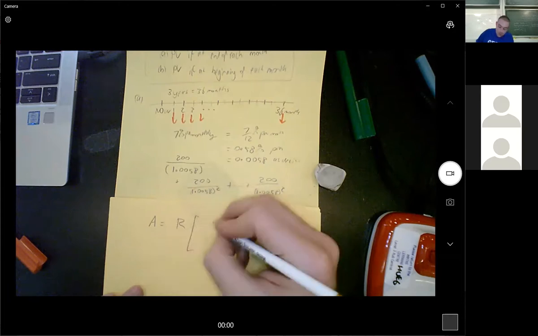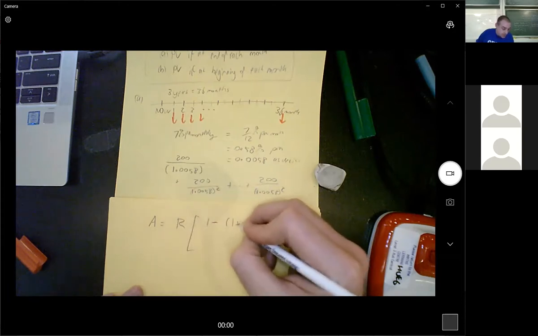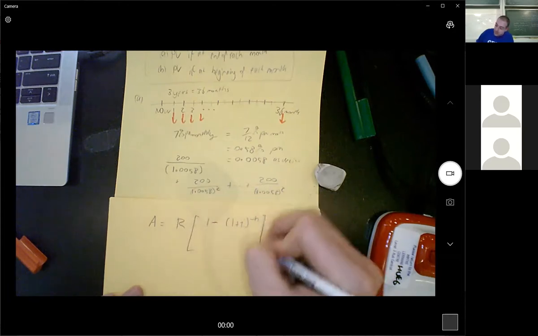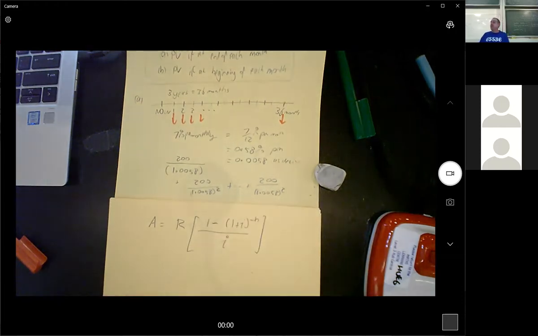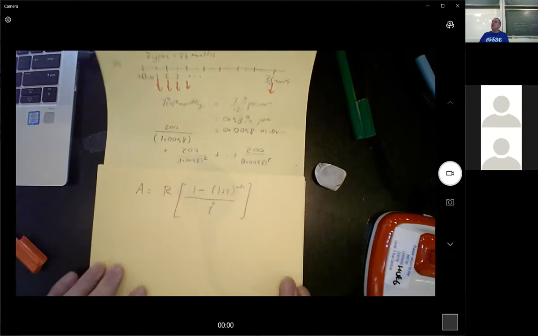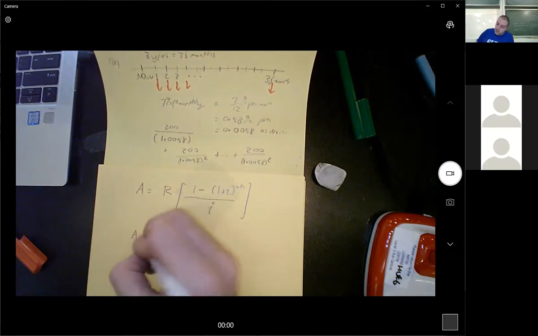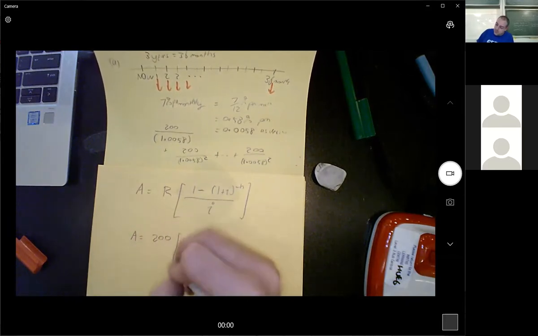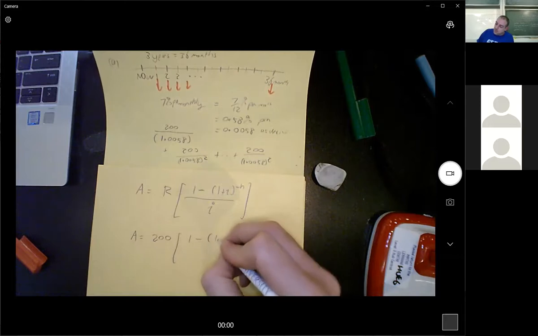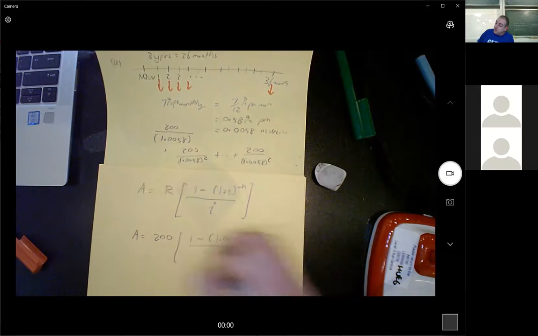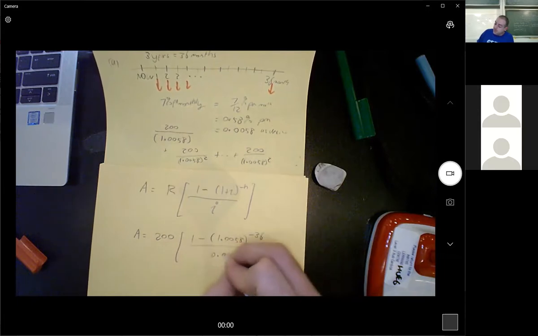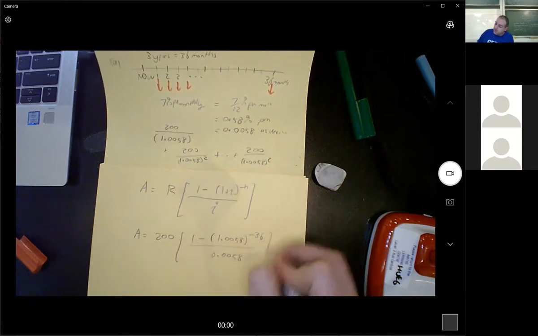Regular payment, 1 minus 1 plus i to the negative n, over i, where i is the decimal version of the per period interest rate. And so the present value will be the regular payment, 1 minus 1.0058 to the minus 36 over 0.0058.